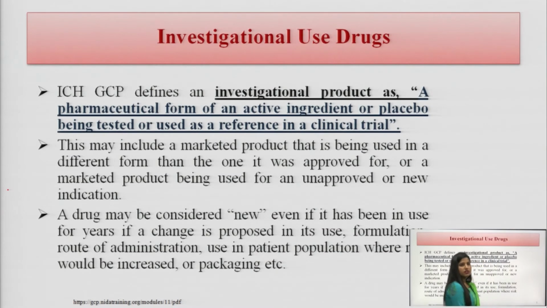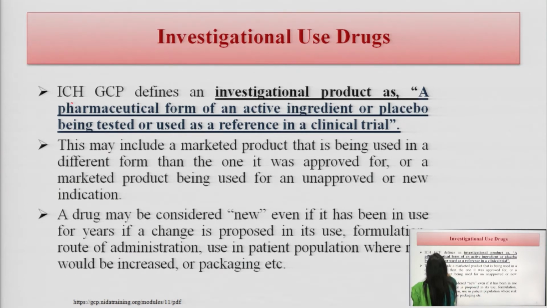What is investigational use of drugs? First we'll understand what investigational use drugs, or investigational products, are. Any new product which is used for testing procedures, we call an investigational drug.